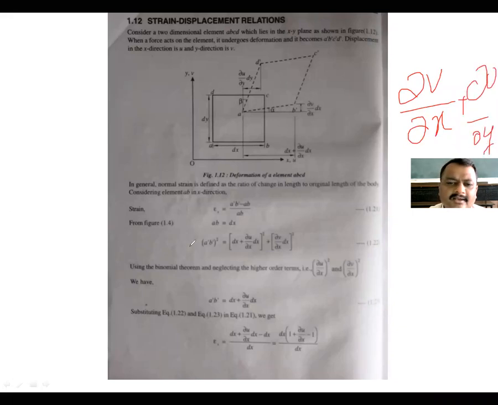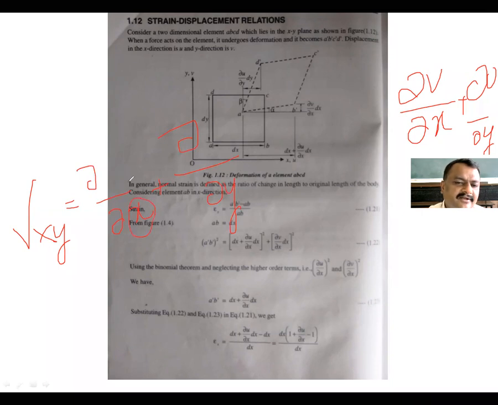It's an easy way to remember this. If I am writing gamma xy, first you write dou by dou x and dou by dou y. Then wherever you have written x, instead of writing u, you write v.